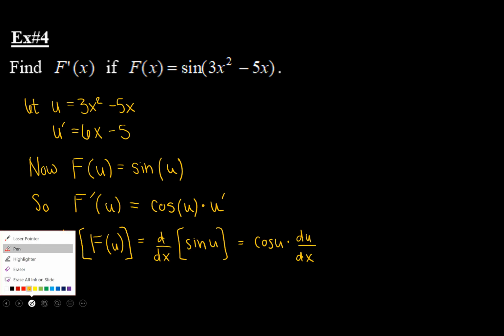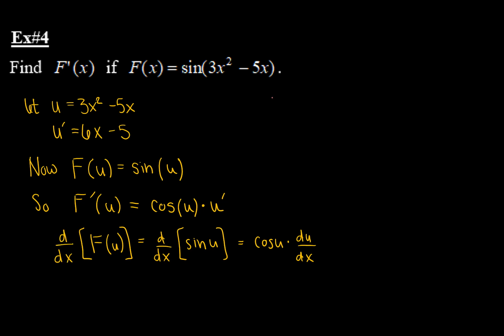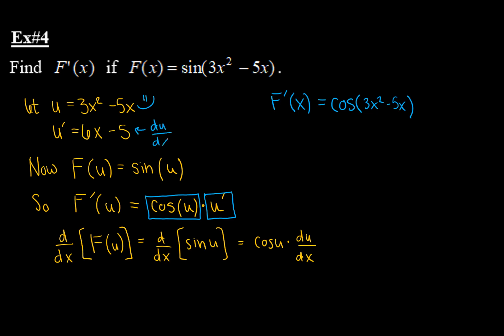All right, well, let's go ahead and substitute it back in. So f prime of x is going to equal, I'm going to take this cosine of u, and I'm going to plug in the stuff for u. And u, remember, was equal to 3x squared minus 5x. And then the next piece is I need to multiply it by u prime, or the derivative of u with respect to x, and that's this guy right here.